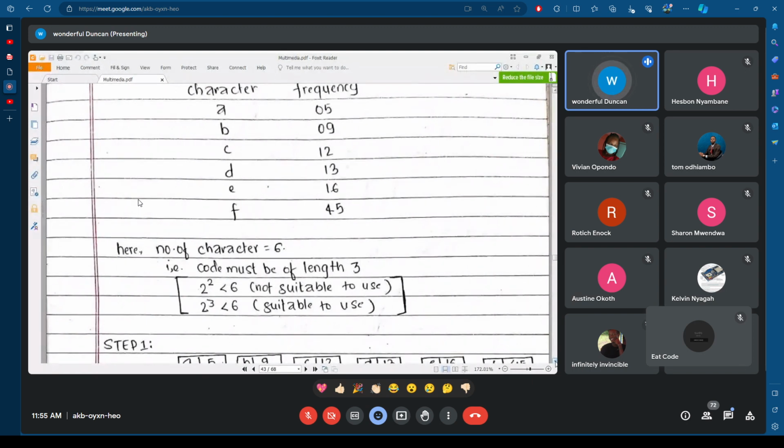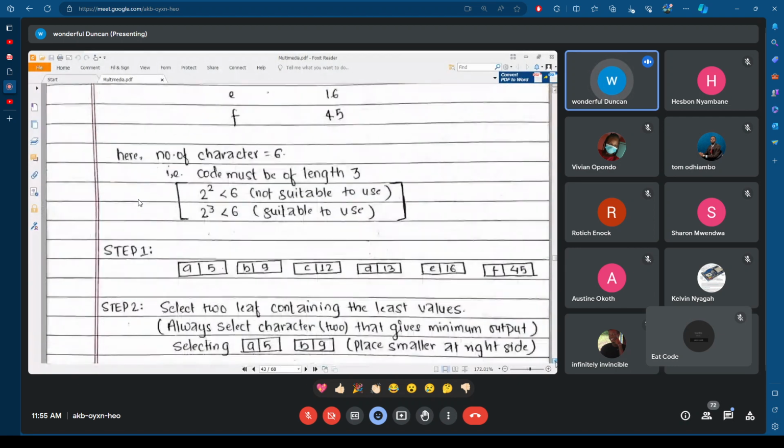So we have the number of characters, there are 6. That is, the code must be of length 3. We are going to see why. So let me show. So don't write that.